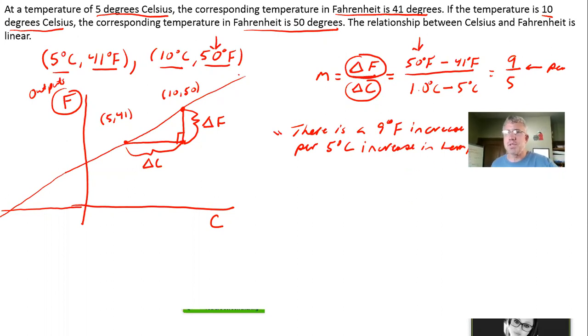A lot of times we actually say the bottom number first because the bottom number represents what? The input.